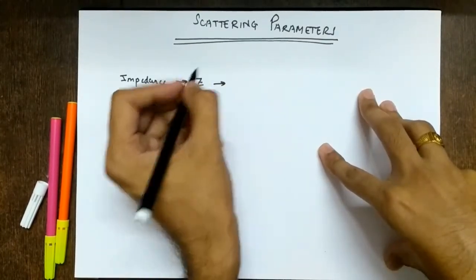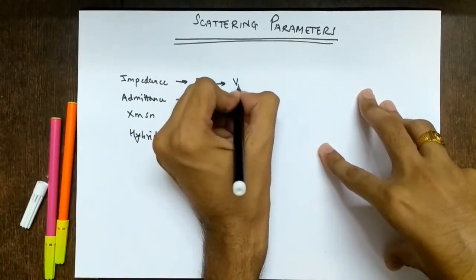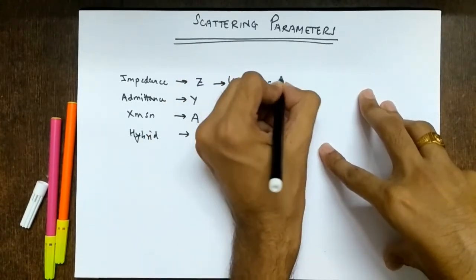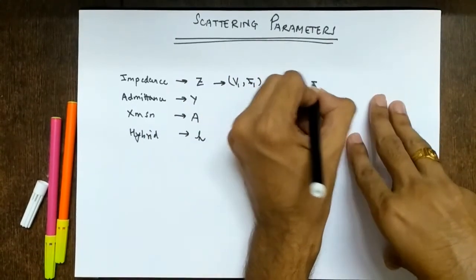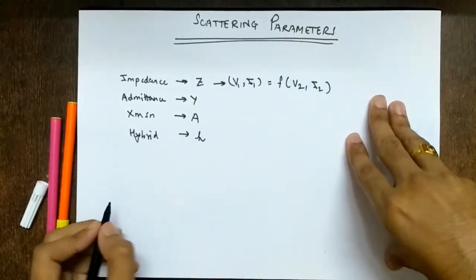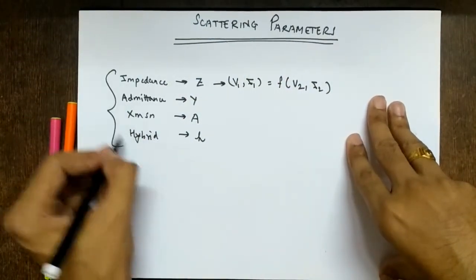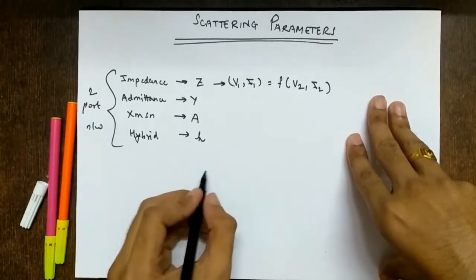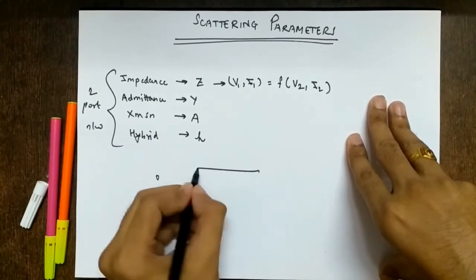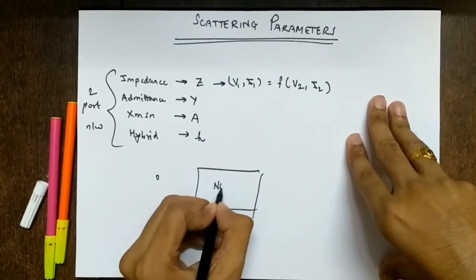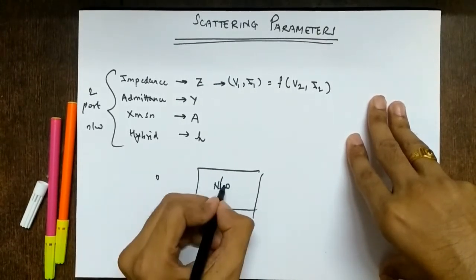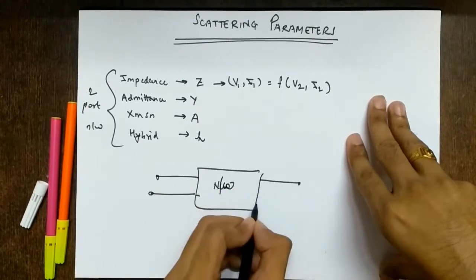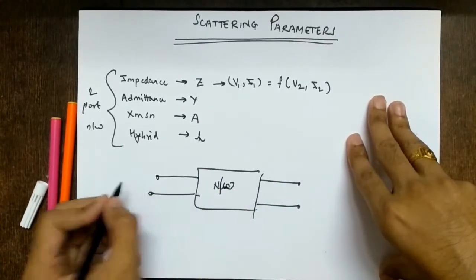If you take the example of impedance parameters, how are they defined? V1, I1 is a function of V2, I2. Now what do these 1 and 2 indicate? They indicate the ports, for a two port network, right? What is a two port network? If I have a black box, or any sort of network, I'll have the input side and the output side.